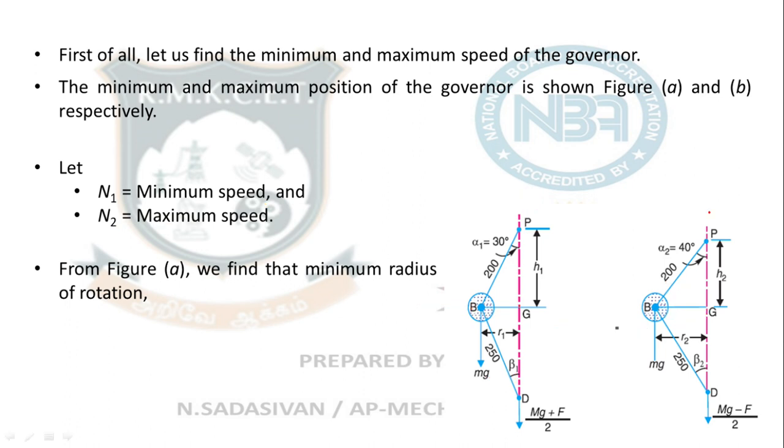In the same way, if the figure is given in reverse order, with this as your first figure and this as your second figure, then N1 will be maximum speed and N2 will be minimum speed. You have to decide that by looking at the radius. Here the height is larger and there the height is smaller. If you project this line, you can see the height is larger here.